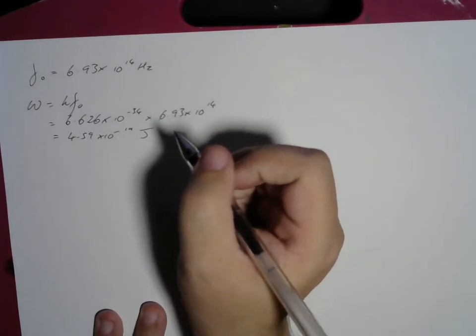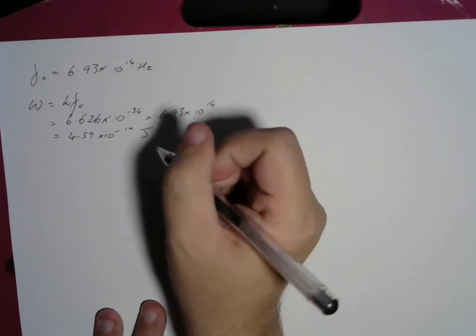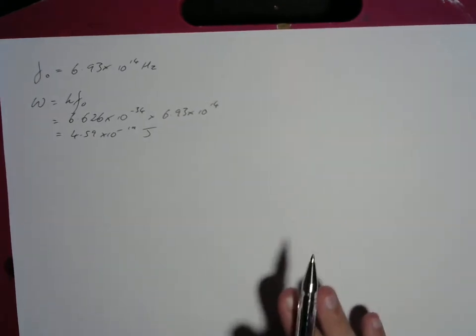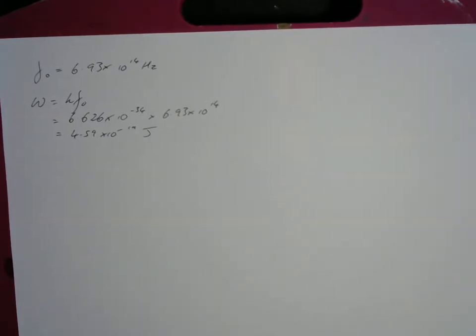We need to convert that to electron volts though. Remember, to turn joules to electron volts, we divide by the charge on the electron, which is 1.6 times 10 to the negative 19.